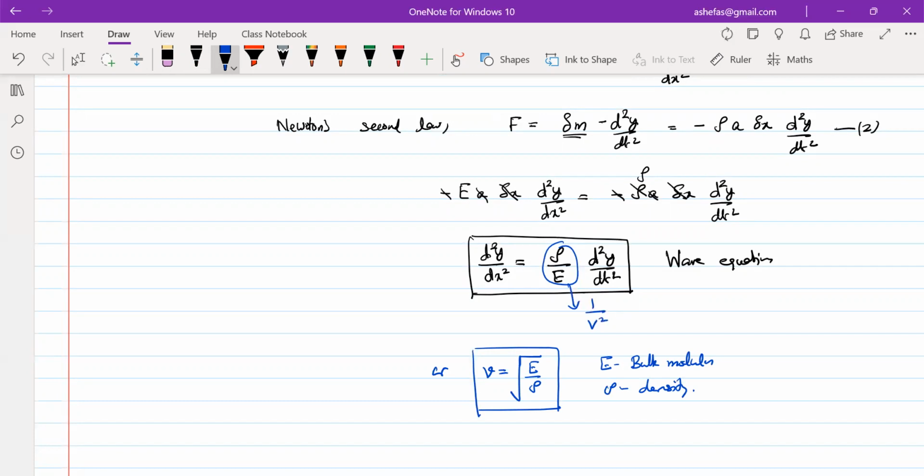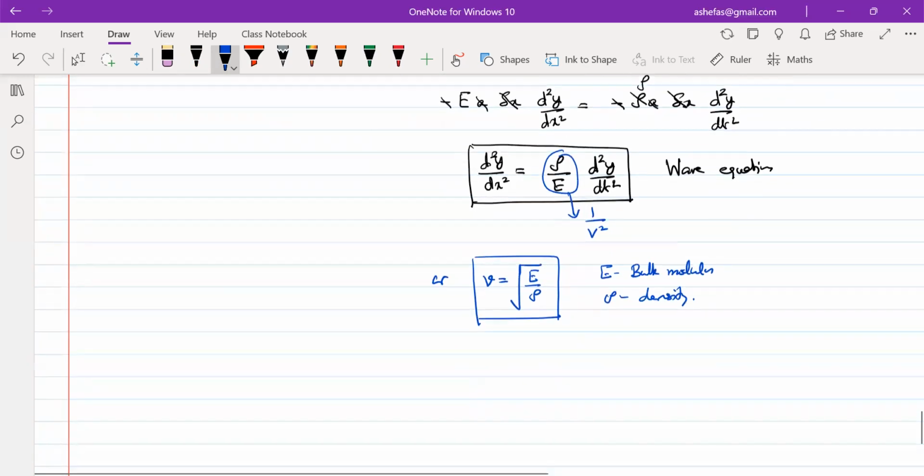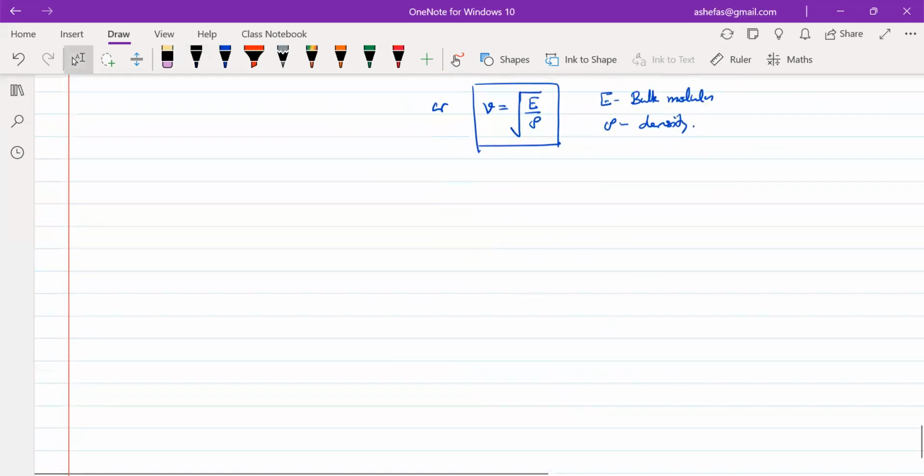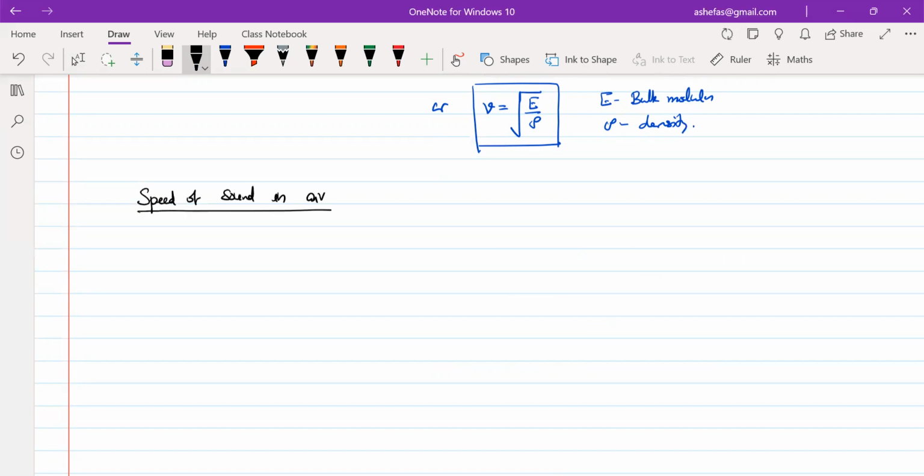Okay. So next we can find out the speed of the sound wave in air. We can find the speed of sound in air as v equal to square root of E by rho, where E is called the bulk modulus.